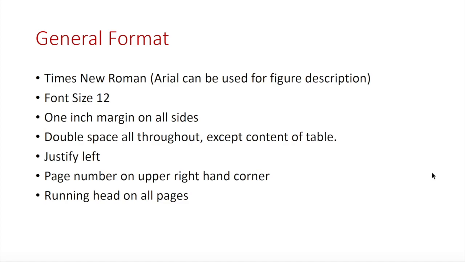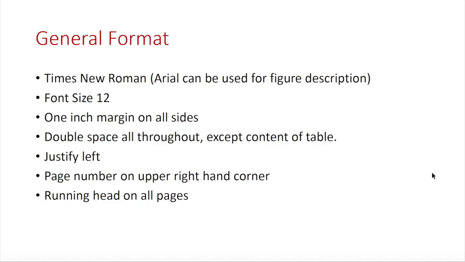However, sometimes there might be a necessity to use a smaller font size, especially for the content of the tables. Sometimes tables have a lot of content, and if you use font size 12, it will take up a lot of space. So in such cases, you might want to use a smaller font, simply for the purpose of allowing your table to fit in the page.